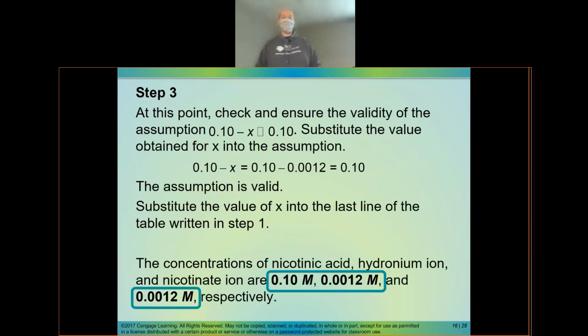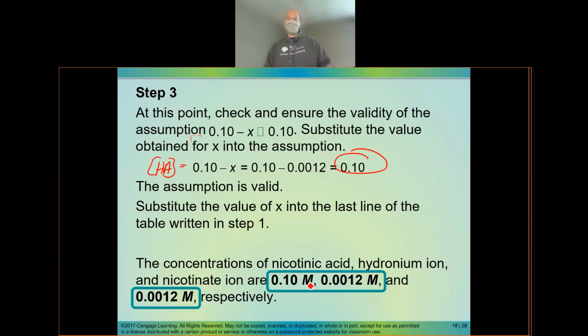All right, and so when you take your x value, which is the 0.0012, and you're calculating the concentration of your HA, well, your HA concentration was 0.1 minus x. And when you take your 0.10 minus 0.0012, you remain at 0.10. So 2 decimals minus 4 decimals, 2 decimals, you round that to 2 decimals, it's 0.10.